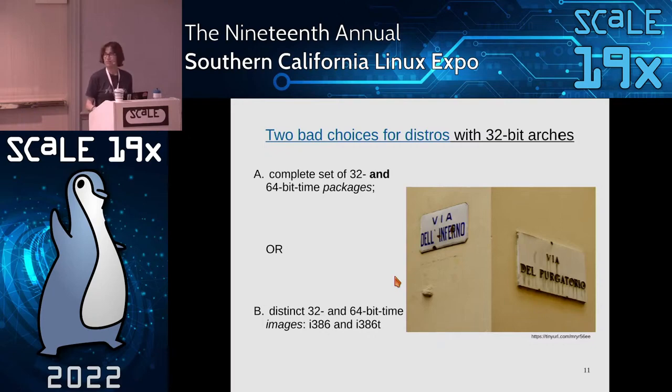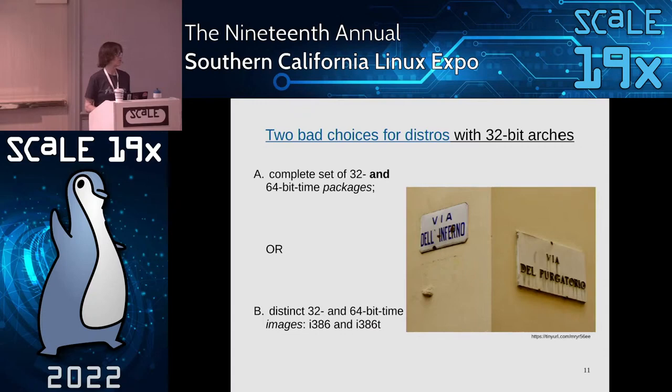You can't make people stop procrastinating. So the distributions could offer, going forward, 32-bit and 64-bit packages for 32-bit architectures, or they could do what Debian apparently has tentatively planned to do, which is make people reinstall and have a 64-bit version of i386, for example, called i386T.